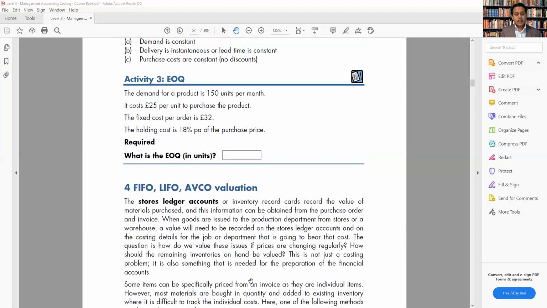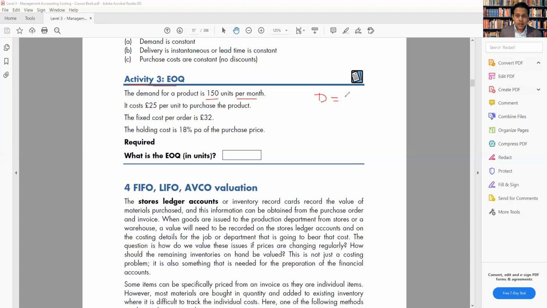So let's try activity 3 and see how we can solve this question. In this activity, the demand for a product is 150 units per month. So we understand D is here, but not for 1 month.